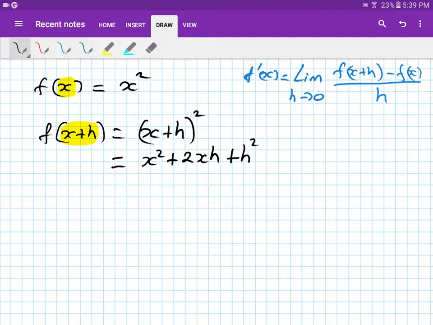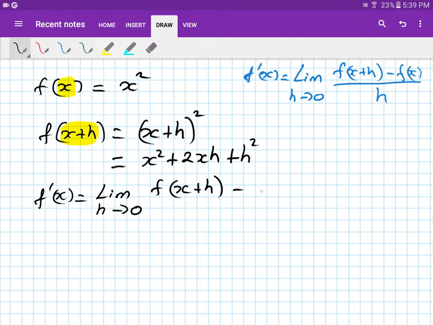Now I write the rule: f'(x) is the same as the limit as h approaches 0 of f(x+h) minus f(x) all over h. So I just substitute it in.